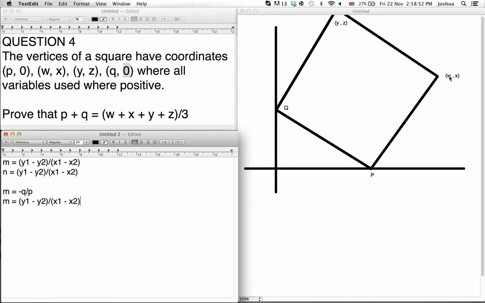So it's going to be y1, so it's going to be x minus z, x minus z, and then w minus y. Okay, that should be correct, guys, isn't it? Yeah, it is. So that is the gradient of this, and we know that these two must therefore be equal.